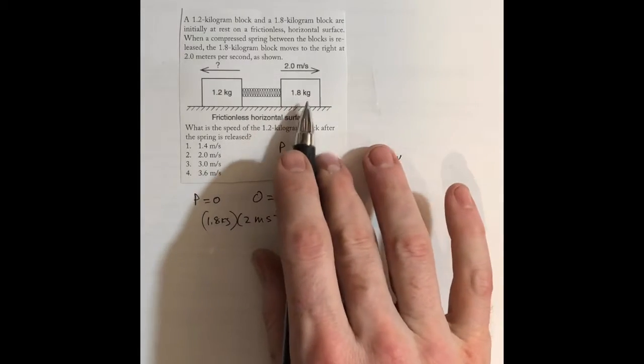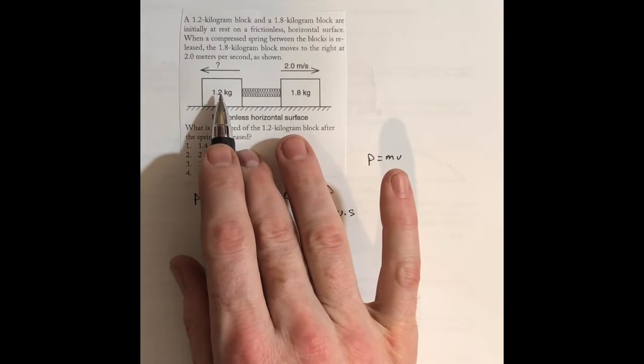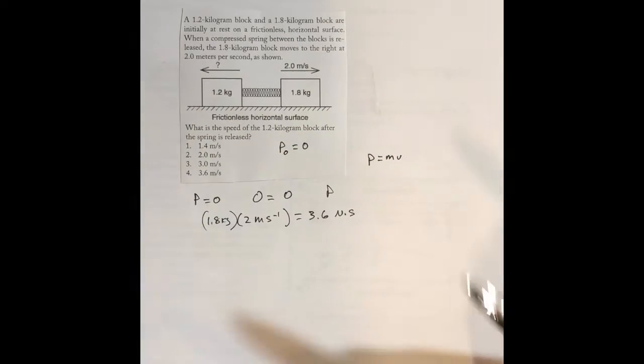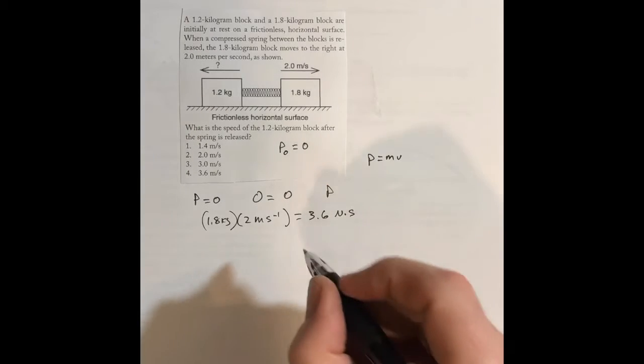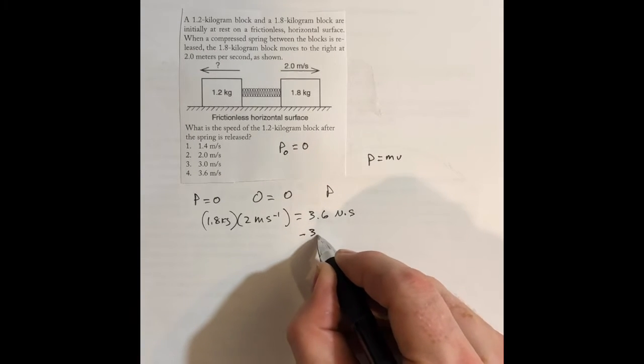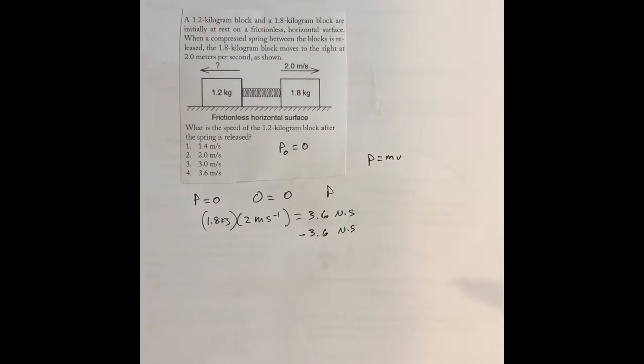That's what's happening to this block. When I combine the momentums of the two blocks, they have to equal 0, so whatever I have on this other block has to equal negative 3.6 newton seconds.